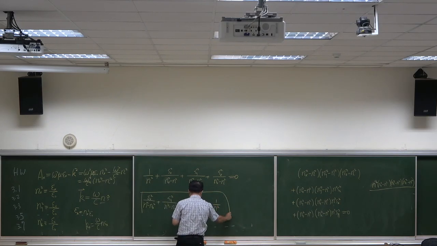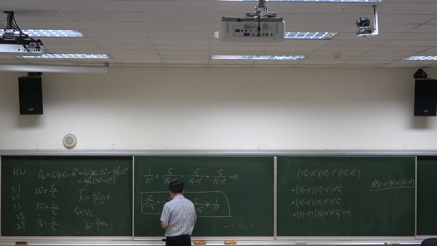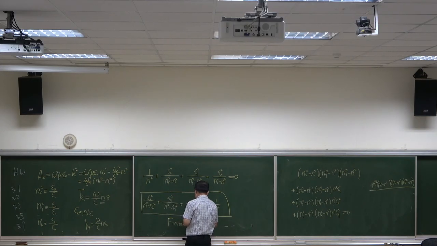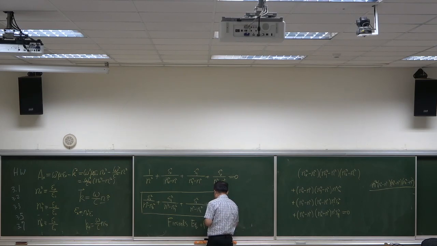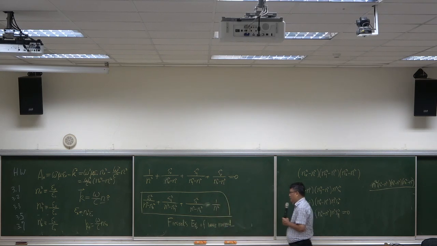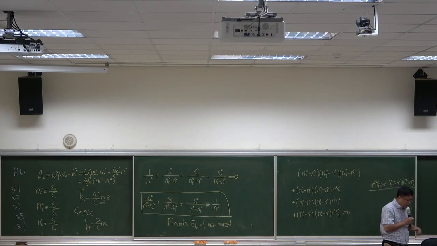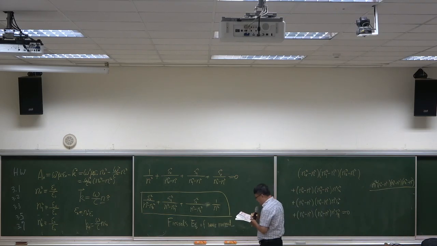And this equation has a name. The name is Fresnel's equation of wave normal. This is the equation 4.2-10 in the textbook.